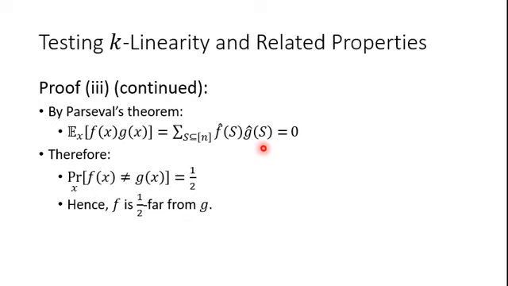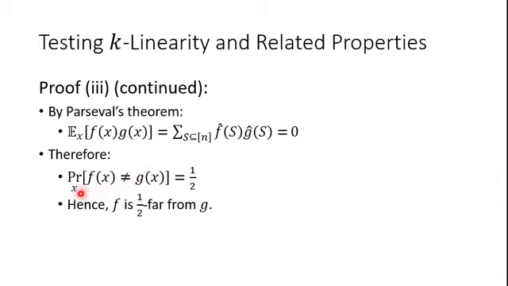We saw that at the bottom of the previous slide. And if S does not equal T, we saw in the middle of the previous slide that f hat of S equals 0 for anything outside of T. So in both cases the term is 0, and so the sum is always 0.